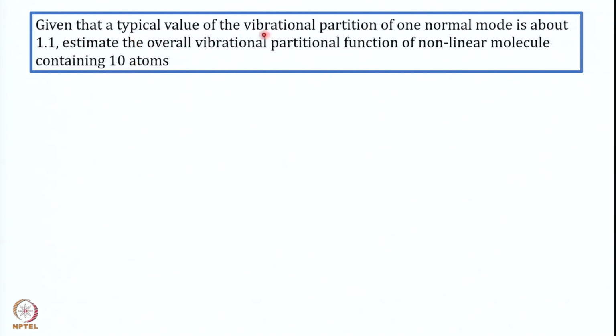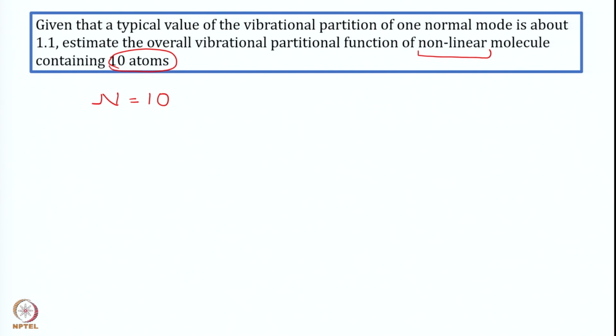That a typical value of the vibrational partition function of one normal mode is about 1.1, that is given to us. And the other information given is that the system is nonlinear and there are 10 atoms. So that means I have n is equal to 10 and the system is nonlinear.